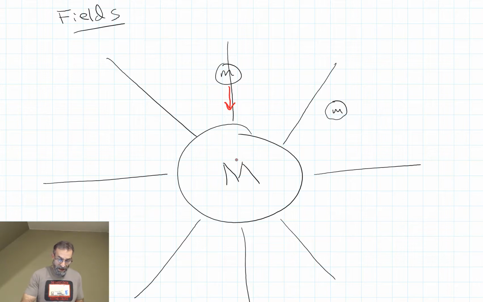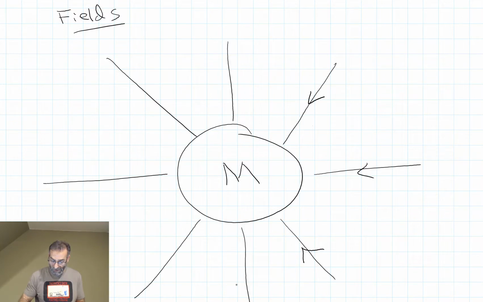If I put my mass over here, where I showed it originally, it would go in this direction. And so my field line points toward the big mass. So to put my field lines in, I'd put my arrows pointing toward the mass that's producing those gravitational field lines.